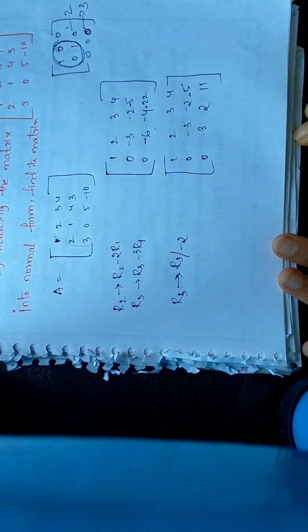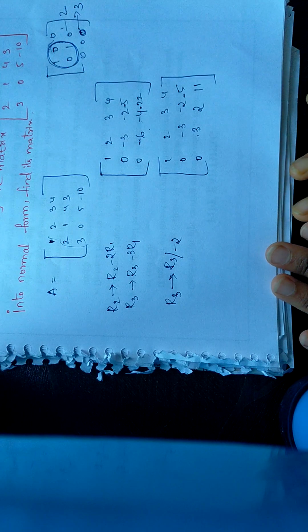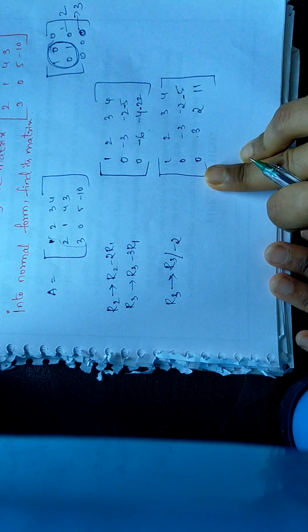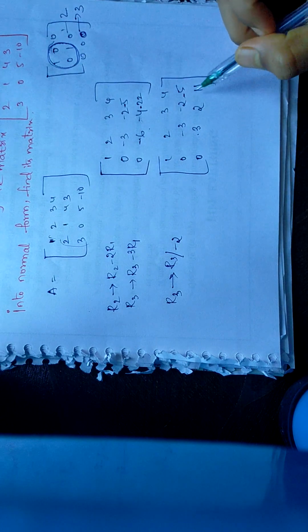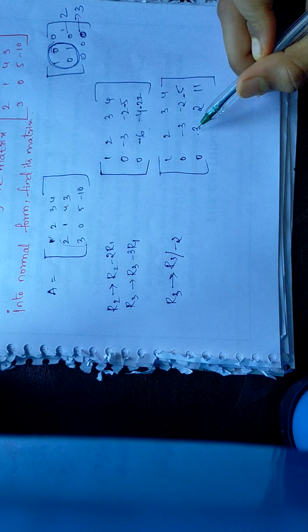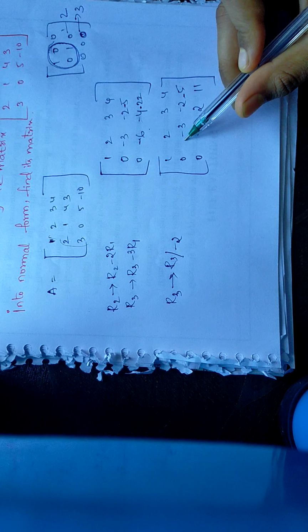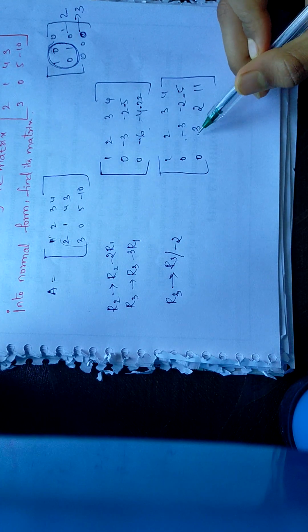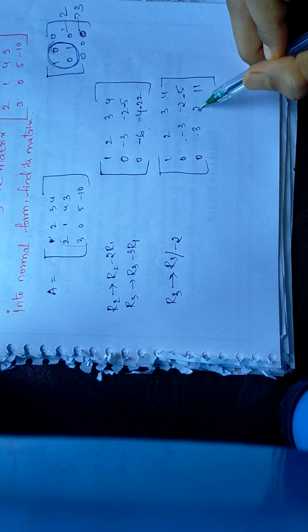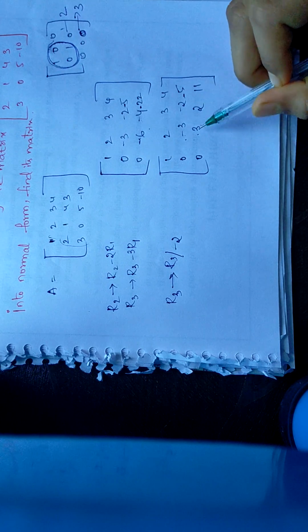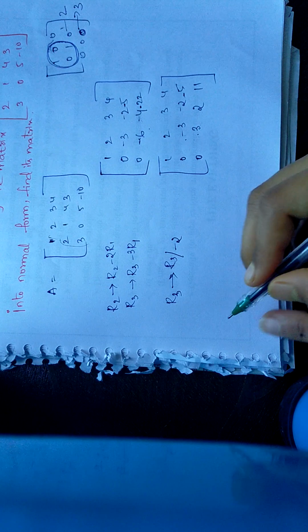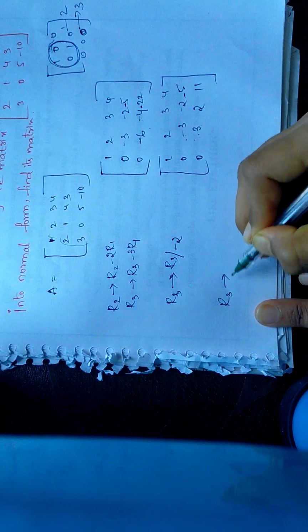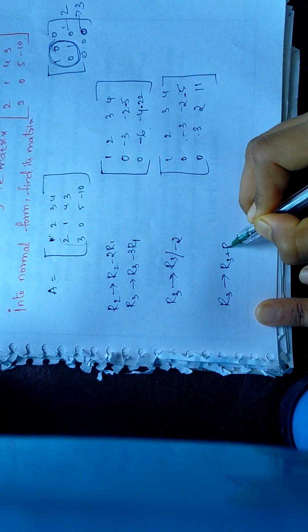Okay, now what we can do is, if we observe here, if we add these two rows, that means R3 and R2, we can make these two numbers zeros, right? Leave the rest, we can at least make these two zeros. So R3 is updated with R3 plus R2.